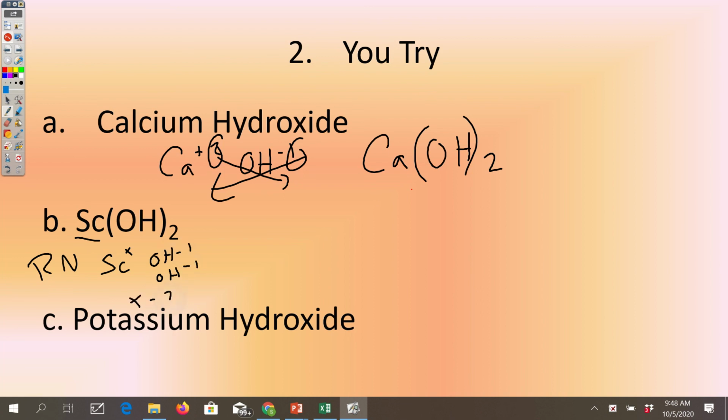So X minus 2 is equal to 0. So X equals 2. So Sc is scandium(II) hydroxide.